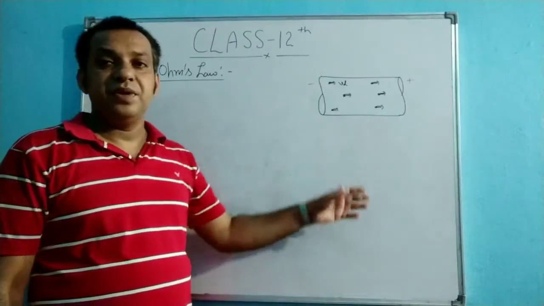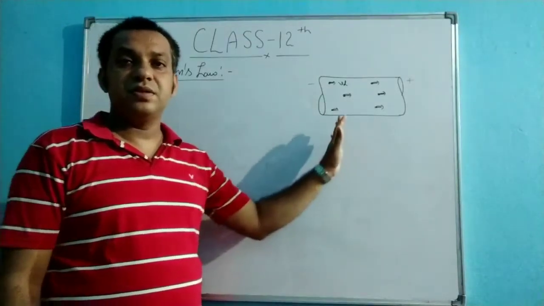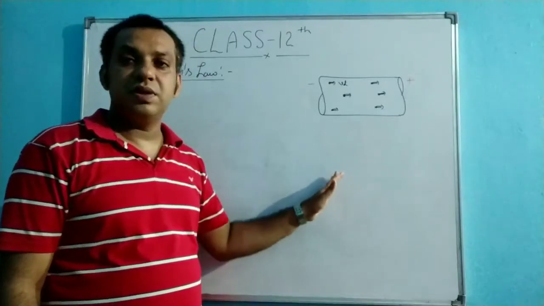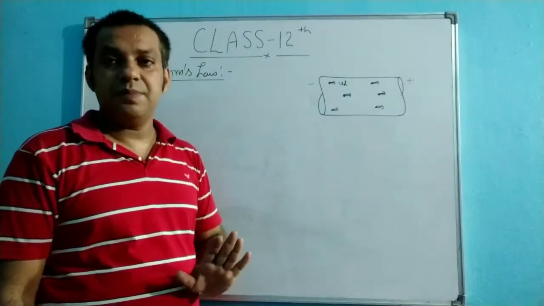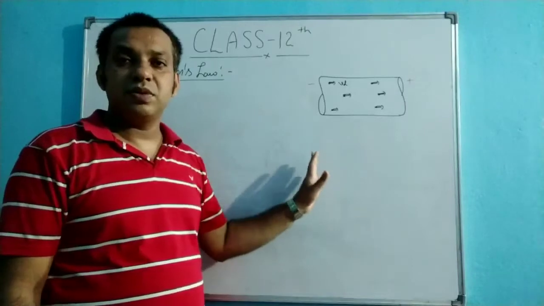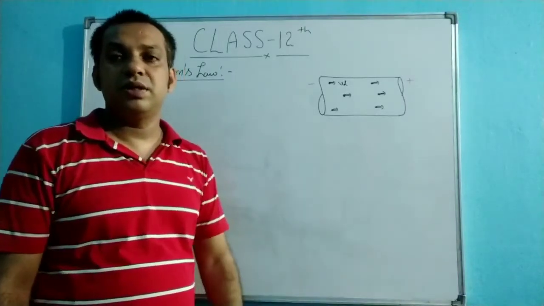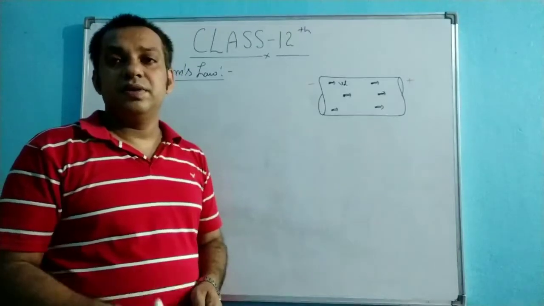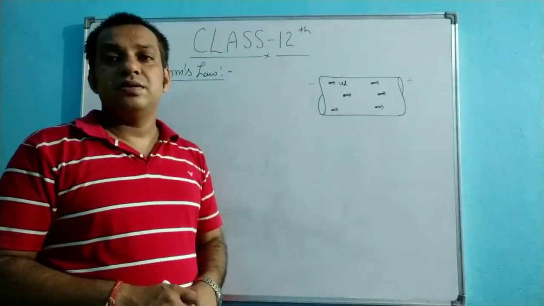Let's see. If initially this conductor is not connected with the cell, then the free electrons will move in random directions. But because of that movement, there is no net current, because the net velocity of the free electrons is zero.